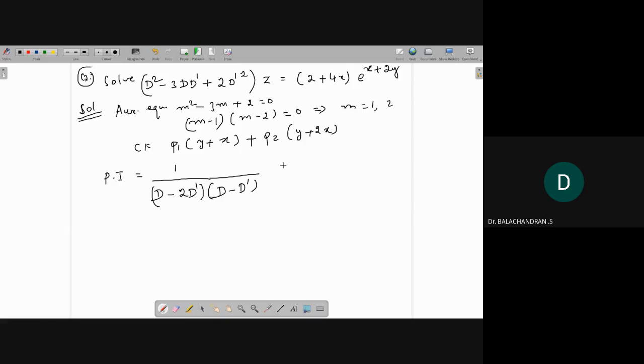The right hand side function is what? e power x plus 2y into 2 plus 4x. So now you should replace d by d plus 1, where a is 1, and d dash by d dash plus b, where b is 2.